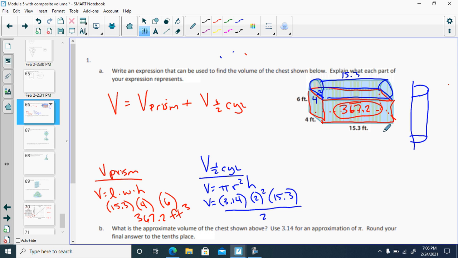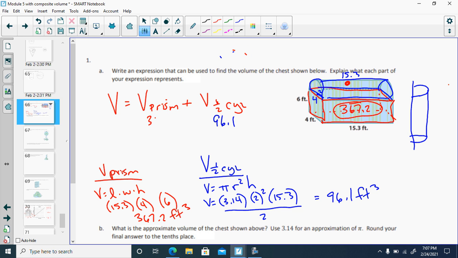So let's do this. 3.14 times 2 squared, which is 2 times 2, times 15.3. And that should give us 192.2. And you divide that by 2, and you get 96.1 cubic feet, right? That's the volume of your half cylinder.